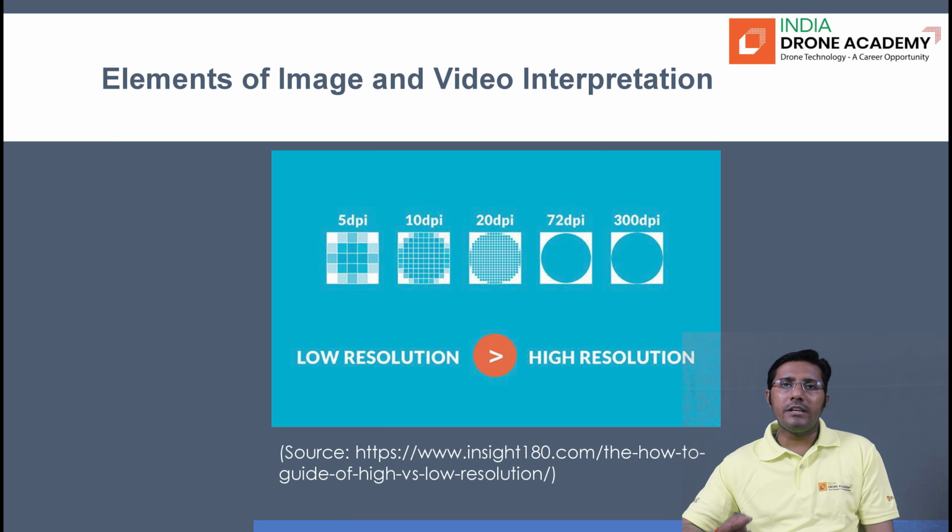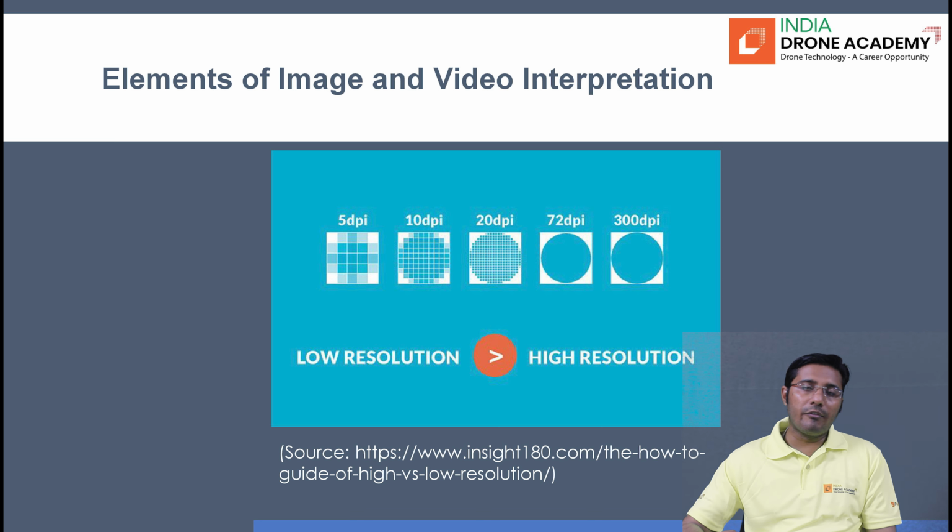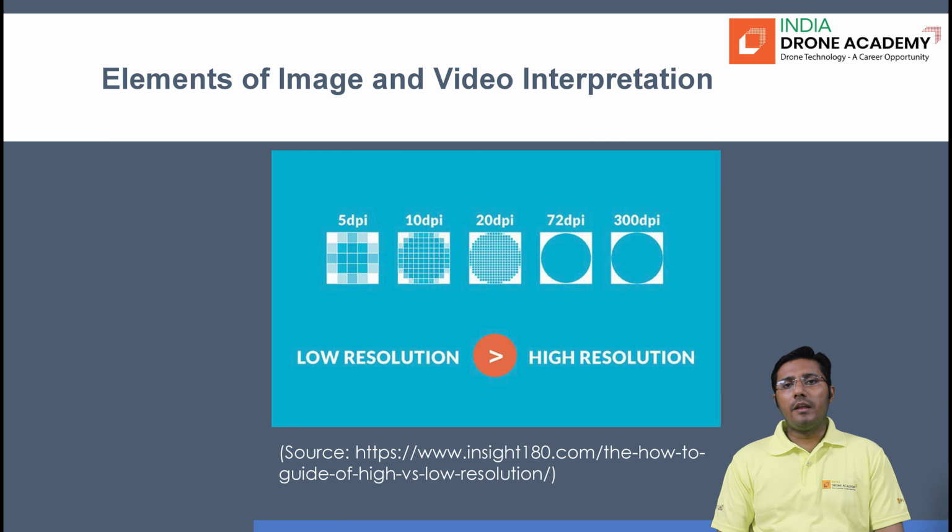Then a higher number of pixels in the camera, meaning a high resolution camera, can pick up the object on the ground very clearly. On the screen, the image shows the picture from low resolution to high resolution.